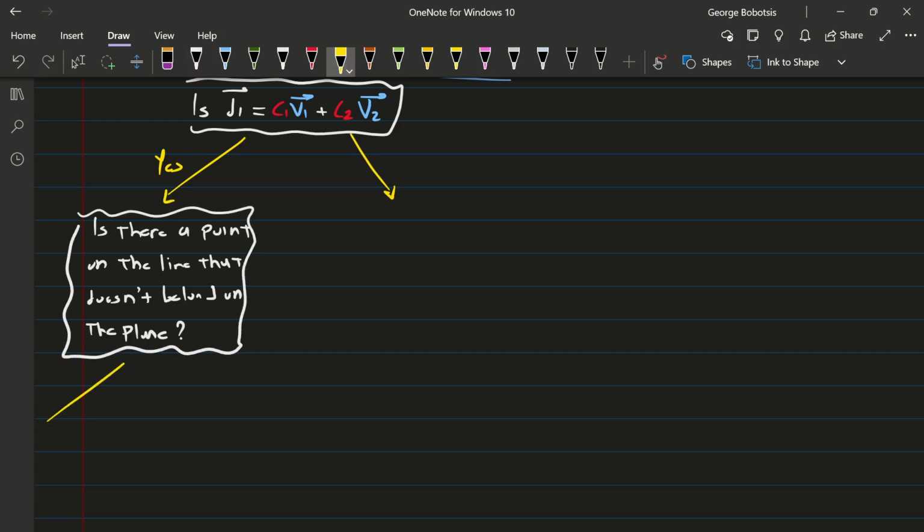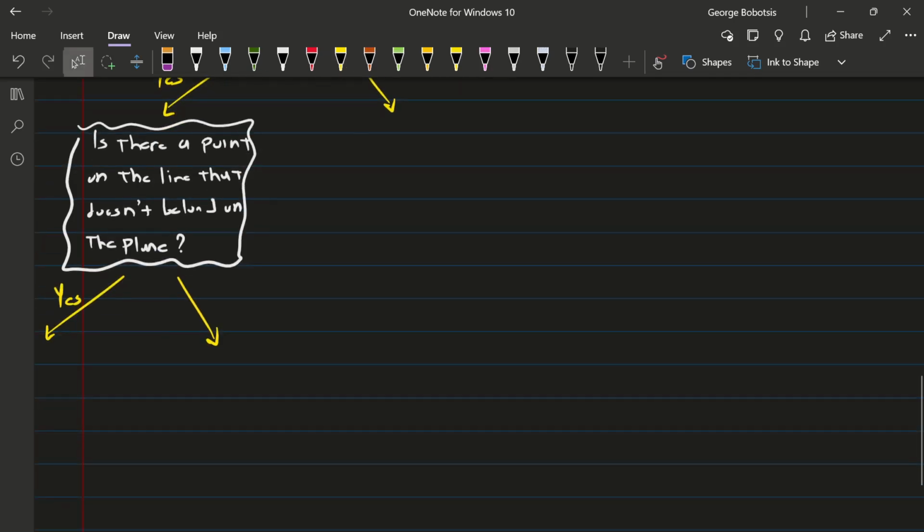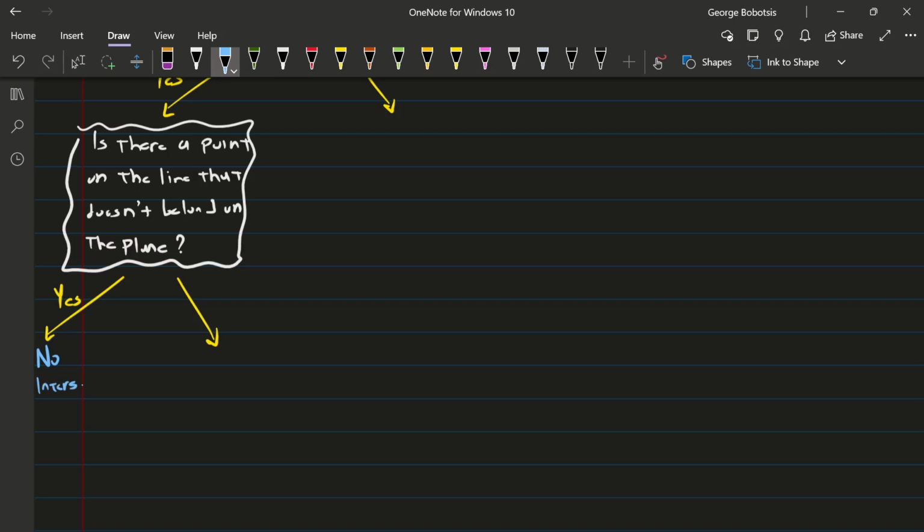And again, we have two options. If it's a yes, if there is a point on the line that doesn't belong on the plane, we get no intersection. But if there isn't, we get an intersection that is a line.